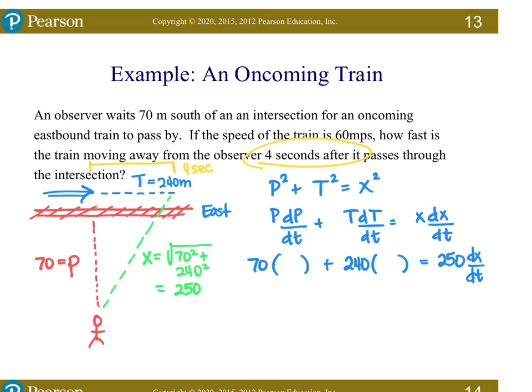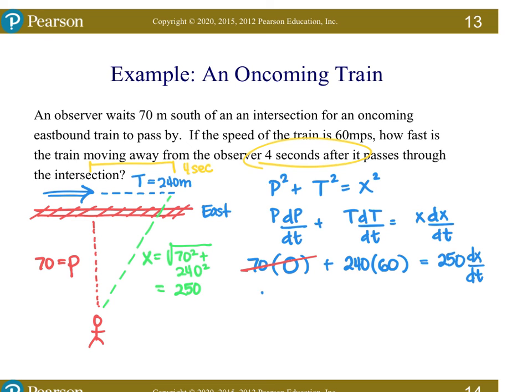Okay, now we need our other rates, our related rates. So dp dt is the rate of the person. Now remember, the person is just standing still. They're waiting. So this person is not moving at all. So that's a 0. The speed of the train is 60. And so we end up basically canceling out that term, and we've got 240 times 60.